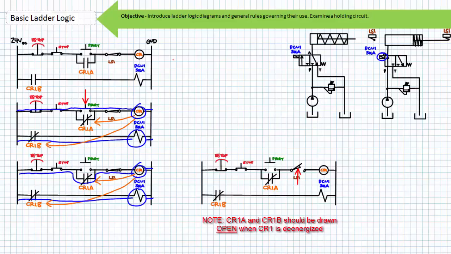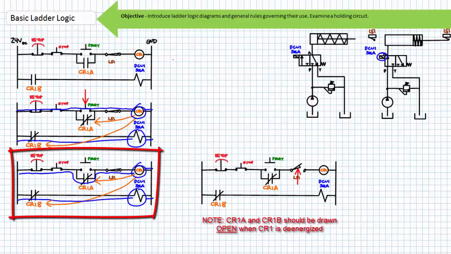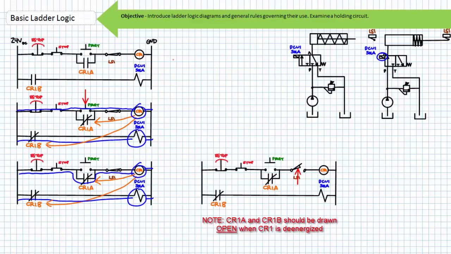Normally open CR1A, in parallel with the start button, closes, and the normally open CR1B contact closes and energizes solenoid A as previously. DCV1 shifts to the straight-through position, and the cylinder begins its extension. The operator can now release the start button, and via the now closed CR1A holding contact, maintains the energized state of CR1's coil.